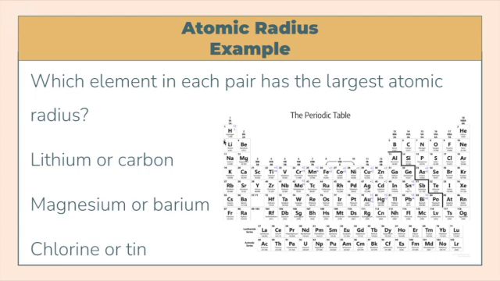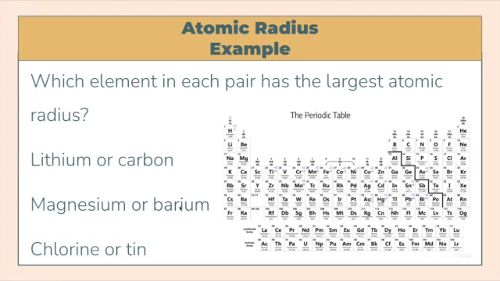Lithium has 3 protons, carbon has 6. A nucleus with 6 protons is going to pull electrons closer to it than an atom that only has 3 protons. So therefore, lithium is going to have the larger atomic radius.